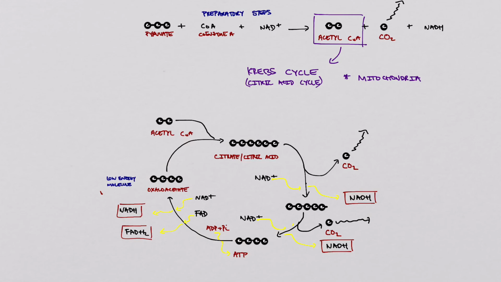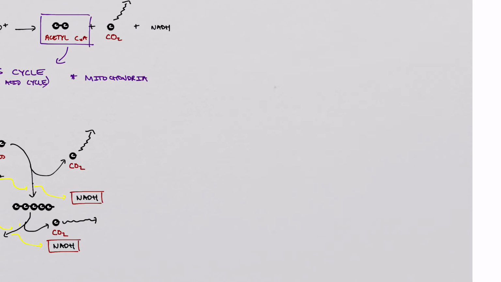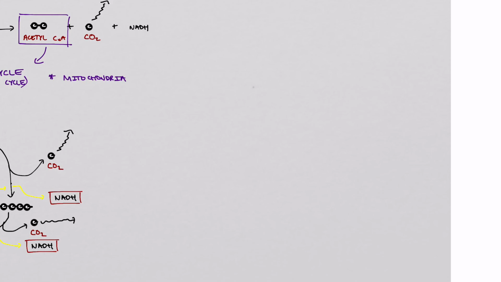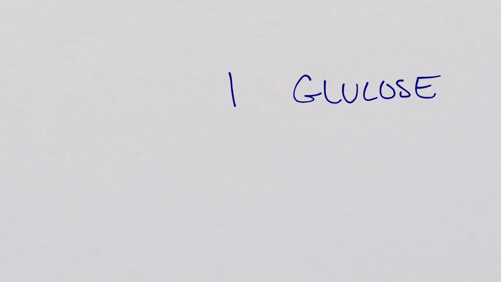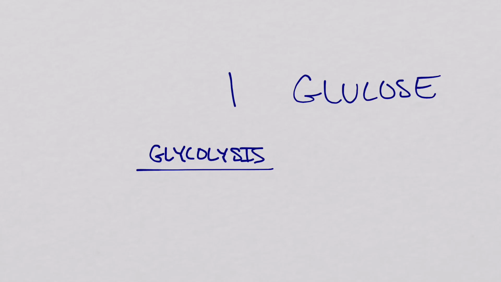So if we were to do our total accounting, which we should do just really quickly. When we start out with 1 molecule of glucose, in glycolysis, we get 2 NADH and 2 ATP.